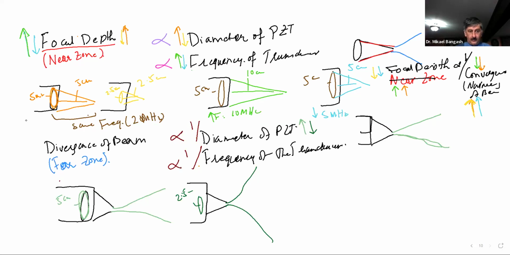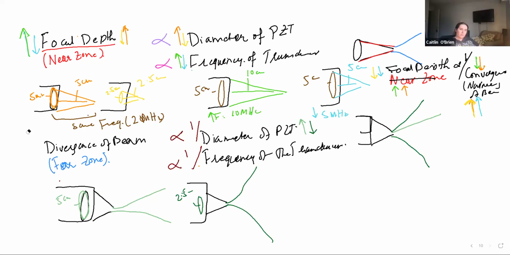Whereas if we had a greater divergence, the beam would go like this. Did you guys get that? Yeah. Good.